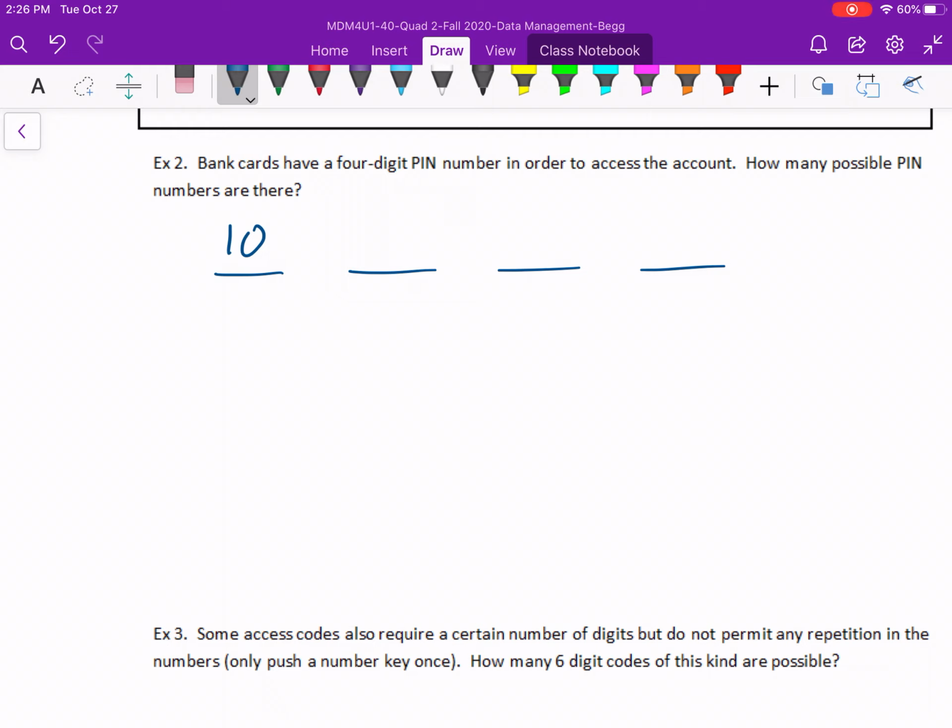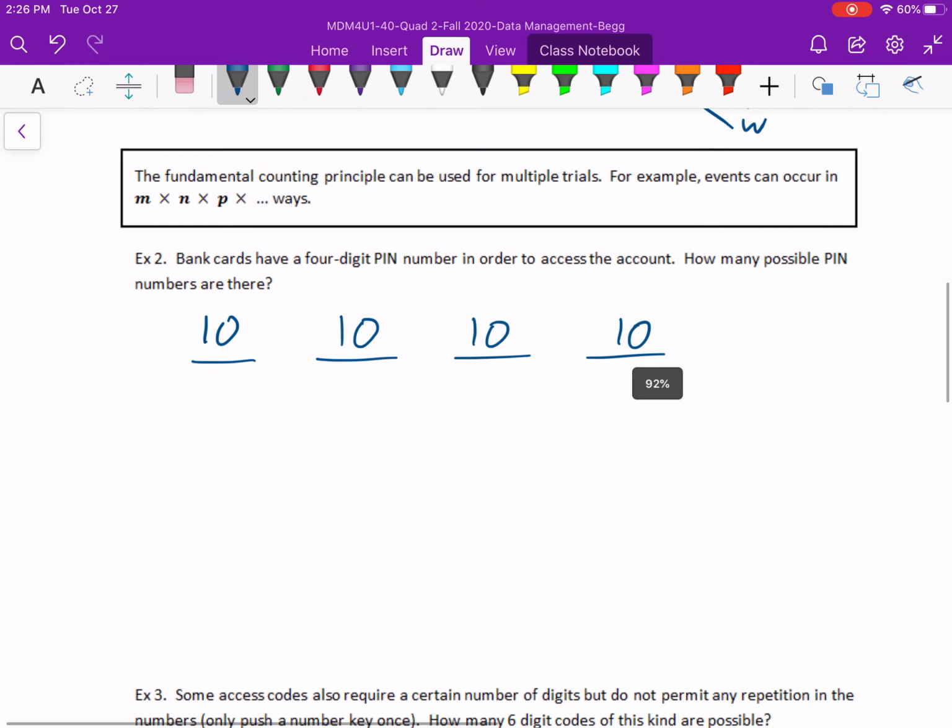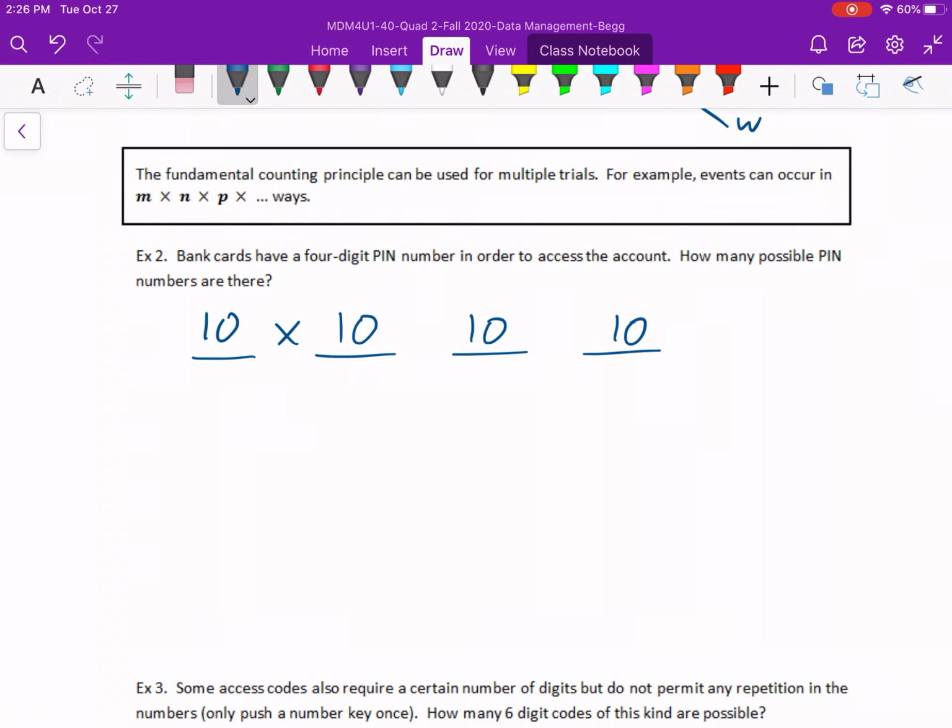And then for my second number, I still have the same 10, 0 through 9, and 10 for my third and 10 for my fourth. And using the fundamental counting principle, I've got the 10 choices for my first number times the 10 choices for my second number gives me 100 choices. Adding a third number makes it 1,000, and adding a fourth makes it 10,000.